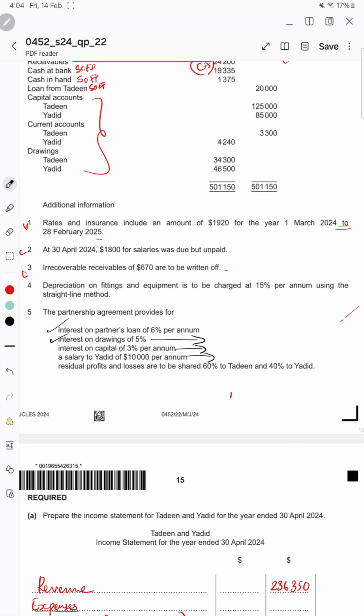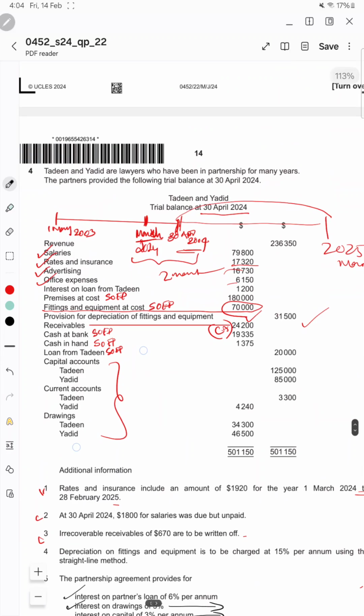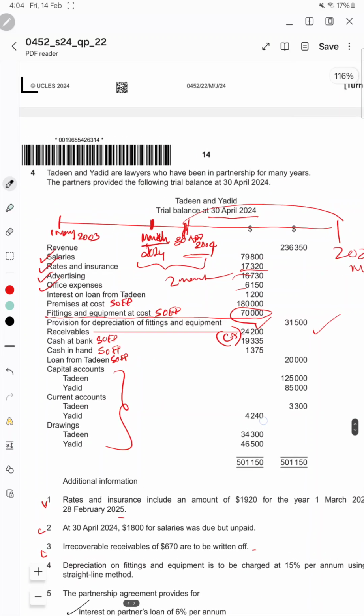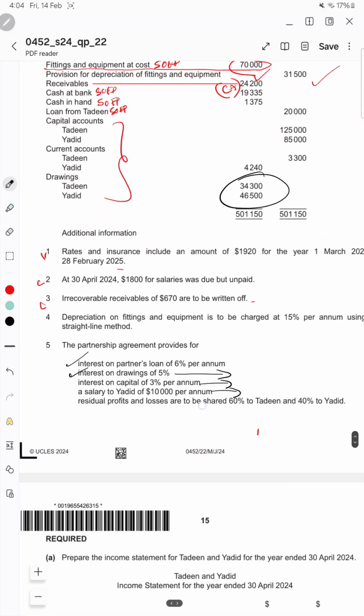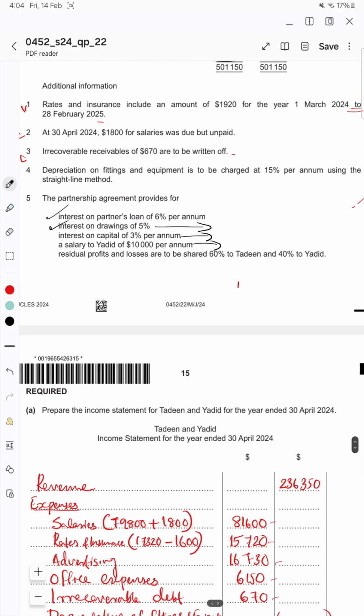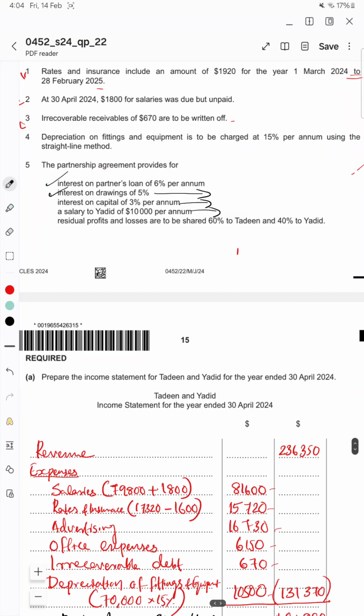So interest on drawings means, how much is drawing for us? See, drawing is given here, 34,300 and 46,500. So if you are doing it from the point of view of the firm, is interest on drawings an expense or revenue for the firm?